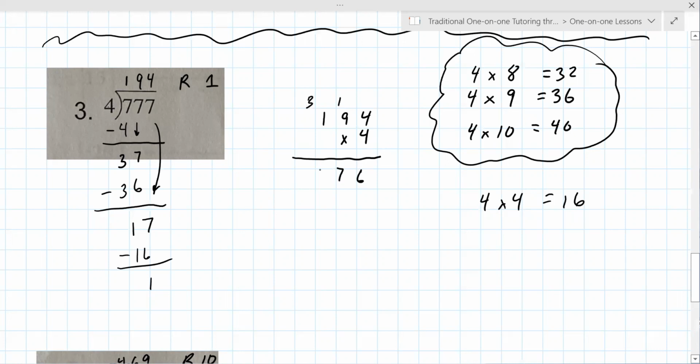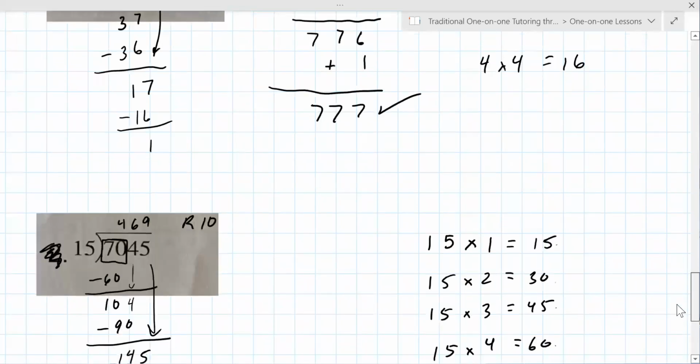You'd carry the 3. 4 times 1 is 4, plus 3 is 7. Good. So you add the 1 because that's your remainder, and you get 777. And yes, it works. That's correct. Then that answer is right.